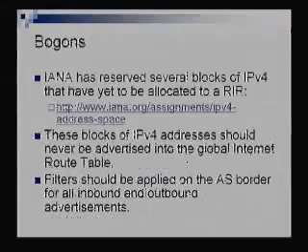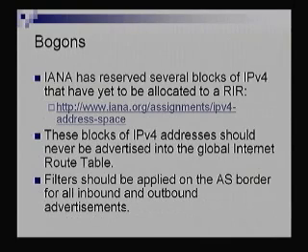So Bogon addresses, which kind of goes along with this, use this one source over here, the IANA assignments, as the source for the Bogons. Now, a Bogon is space that has not yet been allocated by IANA. There's a list that IANA maintains that says, here's what we've allocated, and here's whom we've allocated it to, with their RIRs.